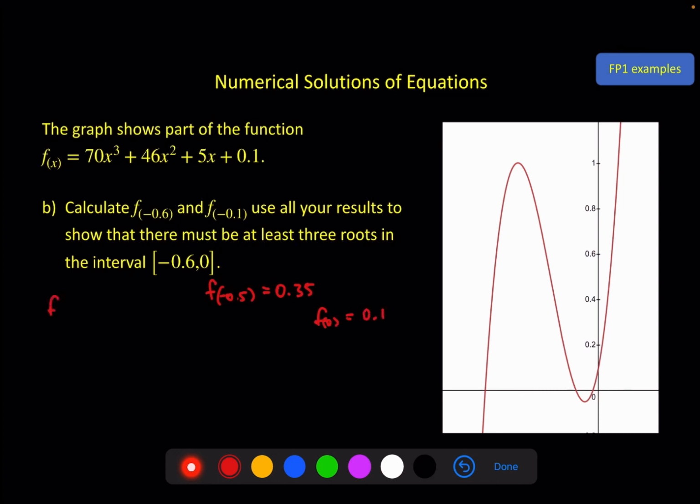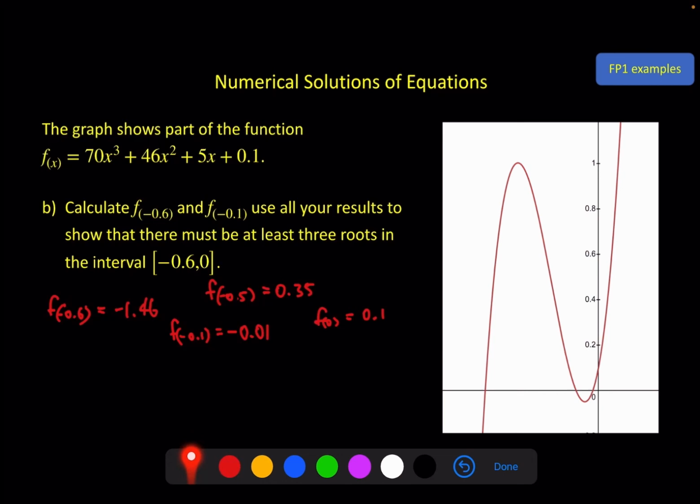So we also need f of minus 0.6, and if you put that into your calculator, you should get minus 1.46, and we need f of minus 0.1. And if you put that on your calculator, you get minus 0.01. So we have our 4 values here.